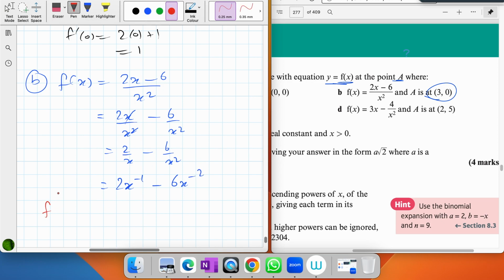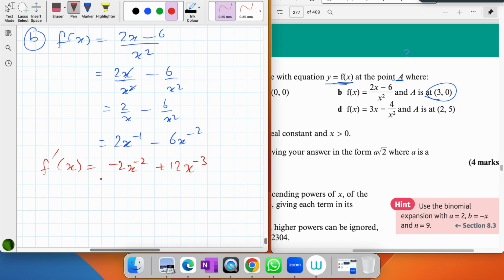Now I'm going to solve for f'(x), which is the derivative. So multiplying by the power, -2x⁻², and we subtract 1 from the power. Now -2 times -6 is plus 12, and we subtract 1 from the power. Simplifying again, -2/x² + 12/x³. Done with the differentiation part, we have to find the gradient when x is 3.